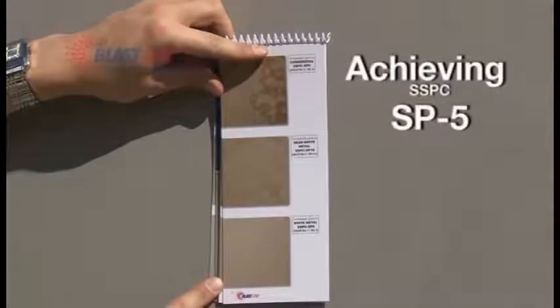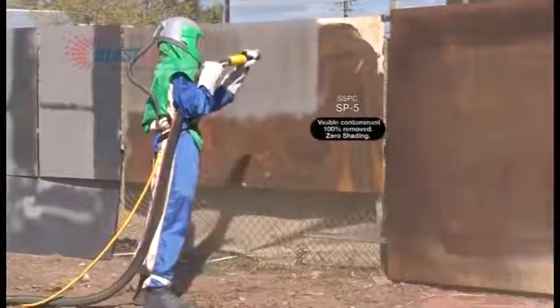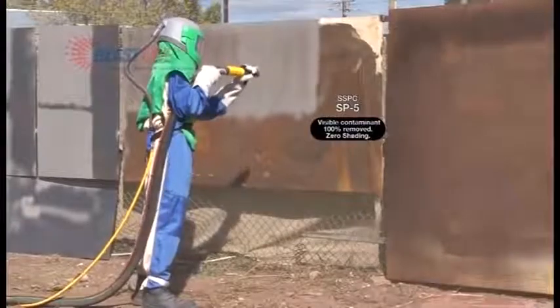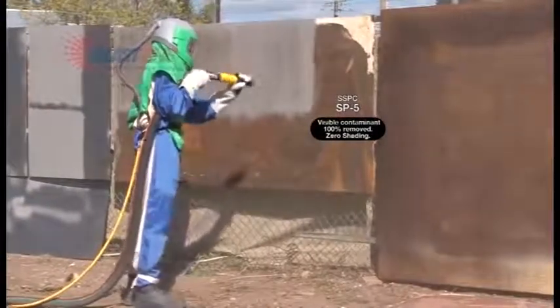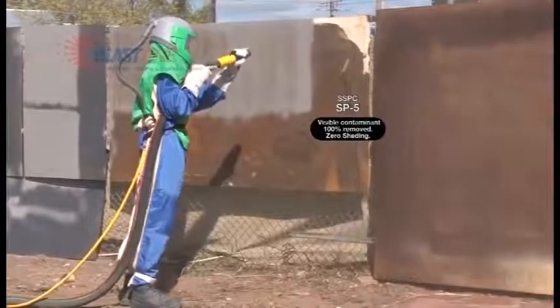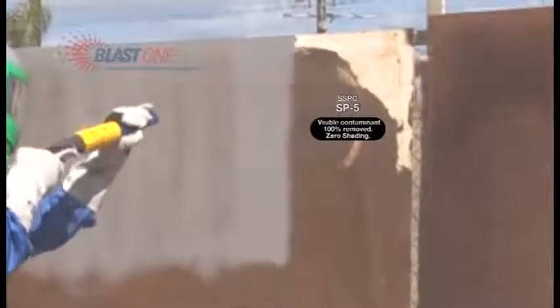How to achieve an SSPC SP5. The specification for SP5 requires a clean, consistent white metal blast with no visible contaminants or shading. Once again, methodical blasting and overlapping vertical strokes allows the blaster to clear the substrate, resulting in white metal status. Zero shading and zero visible contaminants are required for SP5 specifications.